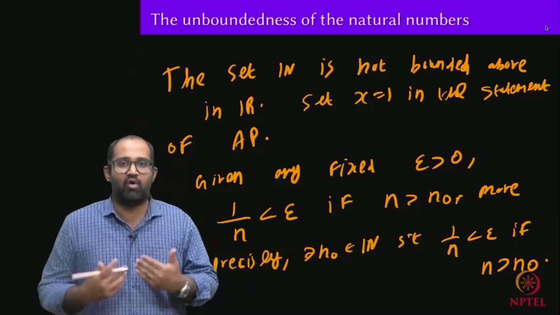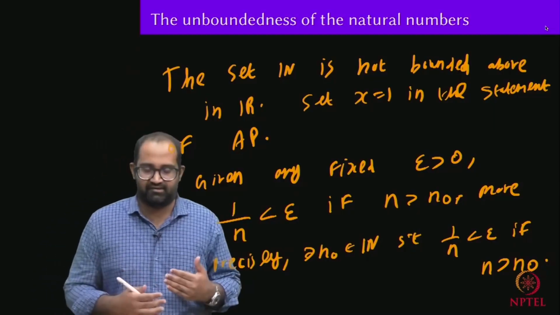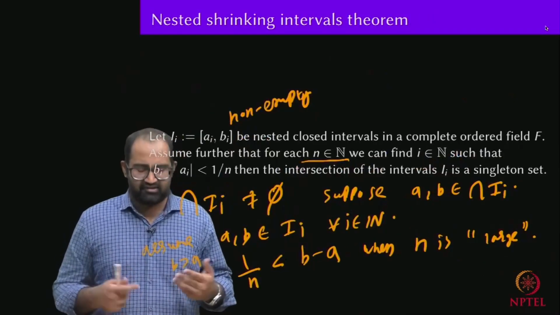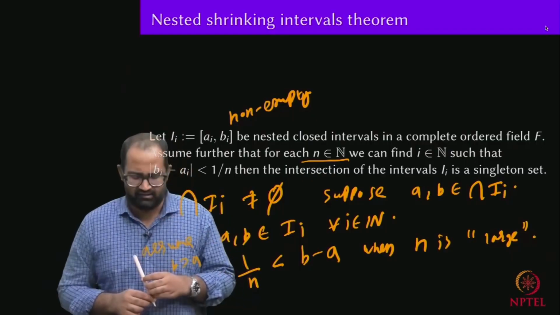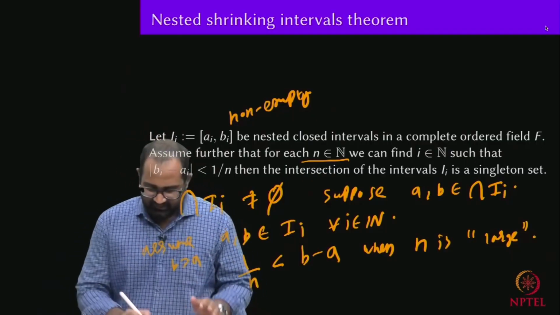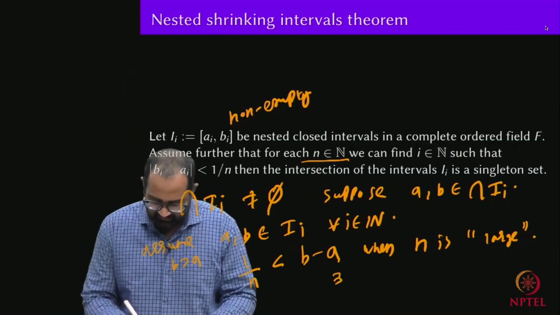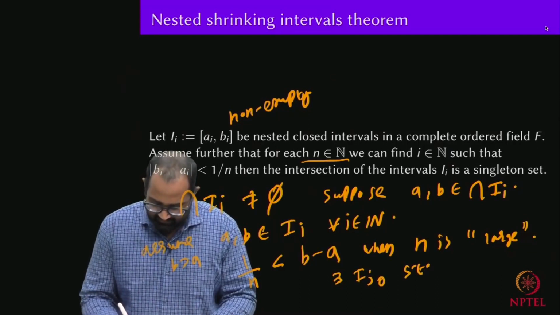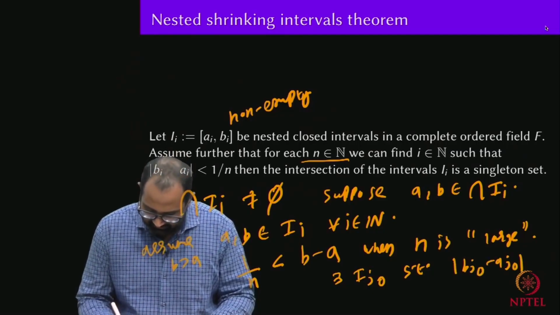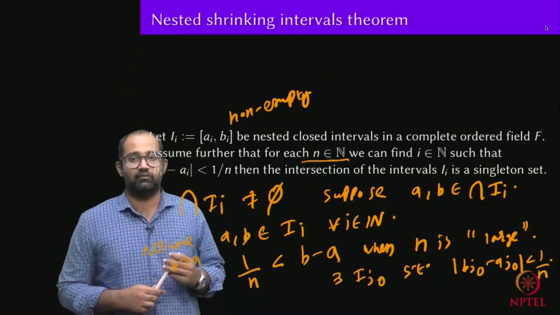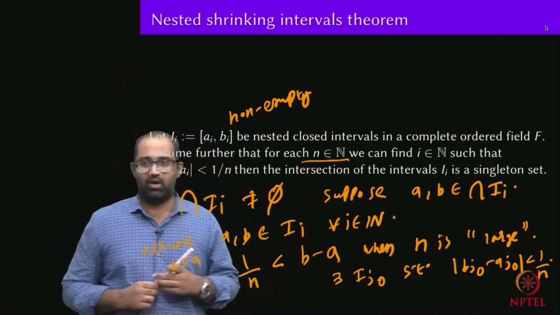They can be made smaller than whatever quantity you pre-specify as epsilon. Here I am just specifying b minus a as my epsilon. So 1 by n will be less than b minus a, which means there exists an interval I_j0 such that b_j0 minus a_j0 is less than 1 by n.